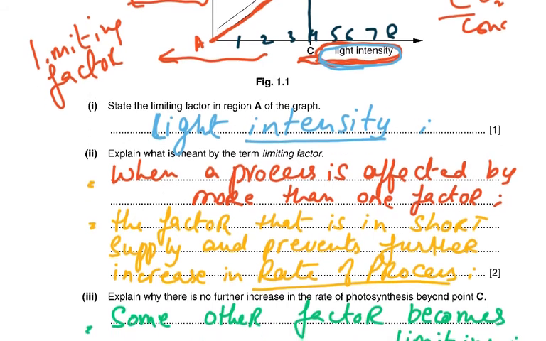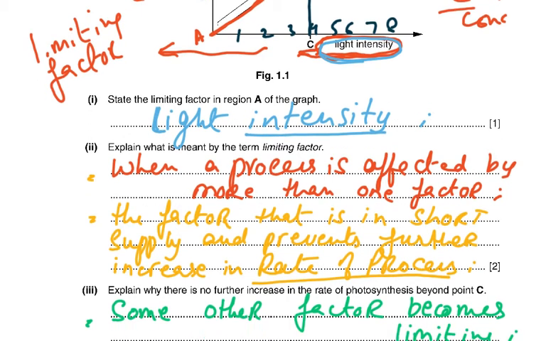Now, the limiting factor definition, I've never been able to really learn it, and I find it difficult as well. When a process is affected by more than one factor, the factor that is in short supply prevents further increase in the rate of the process. There are three factors, which I just told you: temperature, light intensity, and carbon dioxide concentration. So all these three factors limit the process.